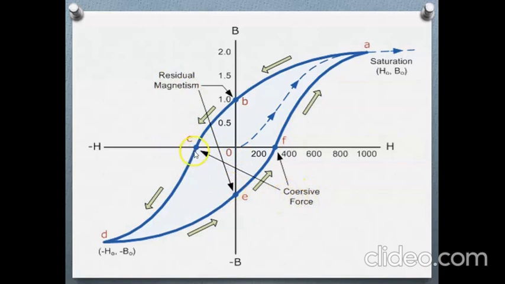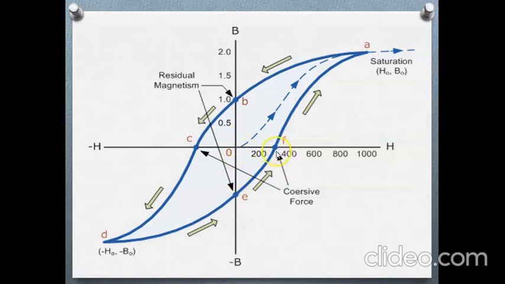This is in the negative direction and this is in the positive direction. We also have a coercive force used to neutralize OE. To neutralize OE, we have this OF force. To neutralize OB, we have this OC force.